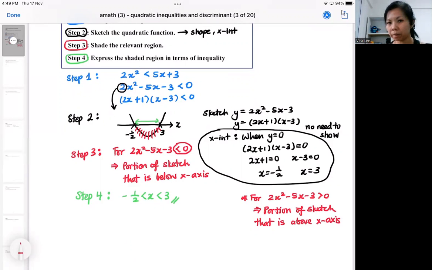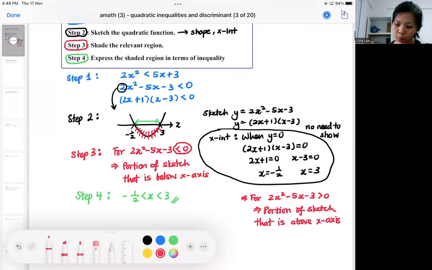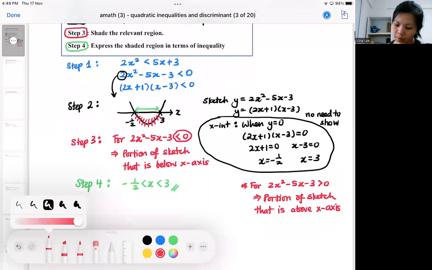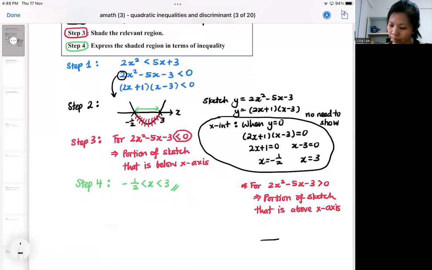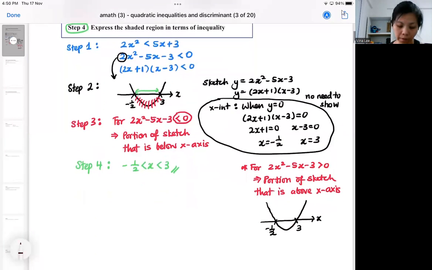So if you do the same thing, so as not to confuse, it should be the same sketch. But right now, I'm interested in above the x-axis.